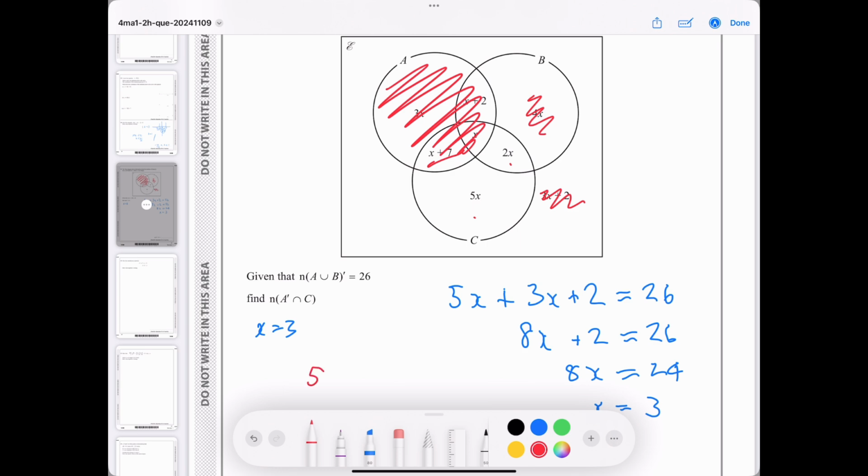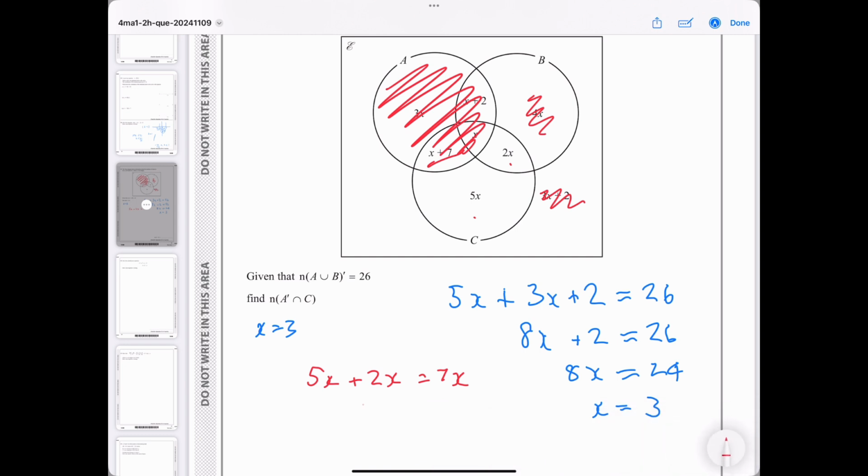So we say 5x plus 2x equals 7x, and we know that x equals 3. Therefore, the n of not A intersection C equals 3 times 7, which equals 21.